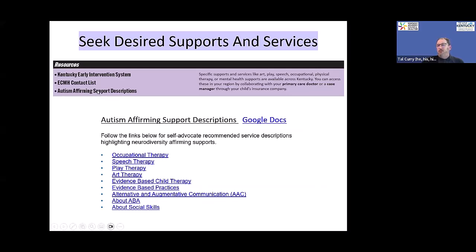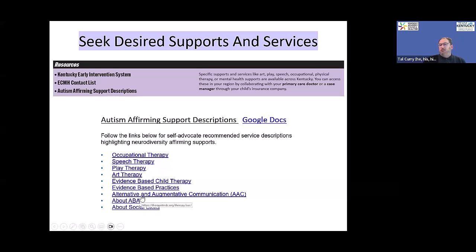So if you click on that third bullet down, it would open to this Google Doc page that includes, and these are just some of the resources, a little bit more about ABA, also about how social skills groups sometimes aren't as helpful with neurotypicals or done by neurotypicals if they don't fully understand autism. They still can be helpful for many autistics, but it gives you some pause there.